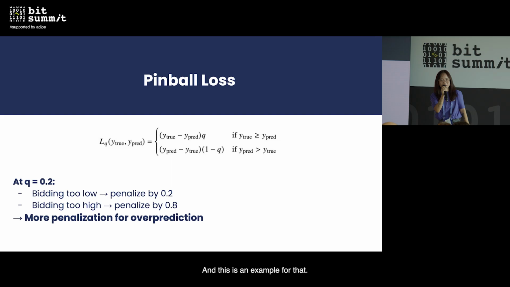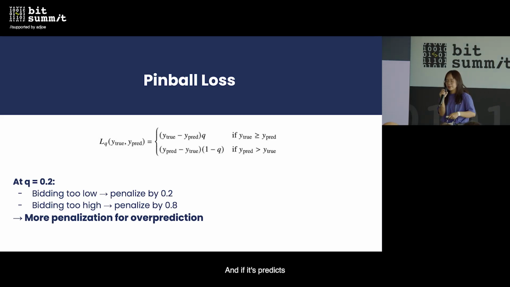And this is an example of that. So for a lower quantile, for example, for this auction we want to win with a 20% chance. What this pinball loss does is, if the model predicts lower, it will be penalized by 0.2.